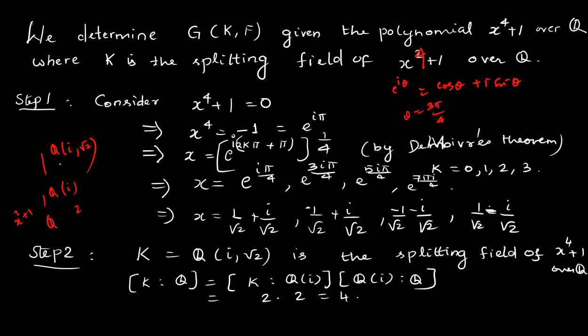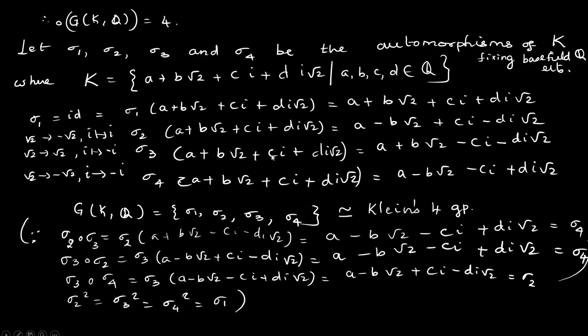The reason is it satisfies the polynomial x square minus 2 over this Q of i. This is what is taken as K. So the degree of K over Q will be 4, right? So from this we will have the order of GKQ to be 4.